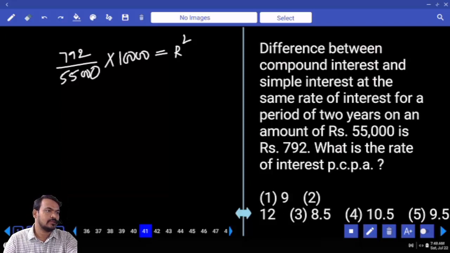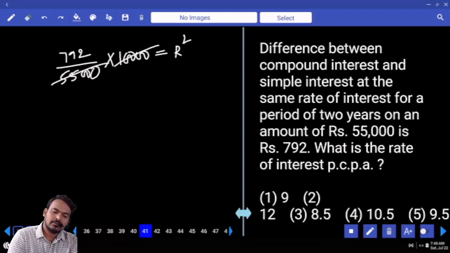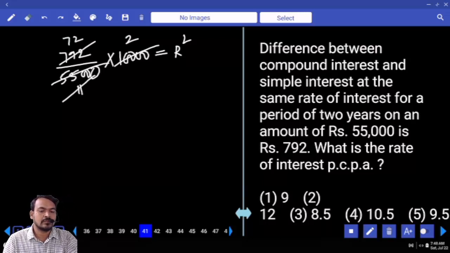We know the difference, we know the principal. Then directly we write D by P into 10,000. Actually R percent means R by 100 into R by 100, means 100 into 100 means 10,000. Okay. 55,000 and 10,000. 5,000 how many times? 11 times. 5,000 2 times. 11 how many times? 7. Again 200. 72 2 the 144.